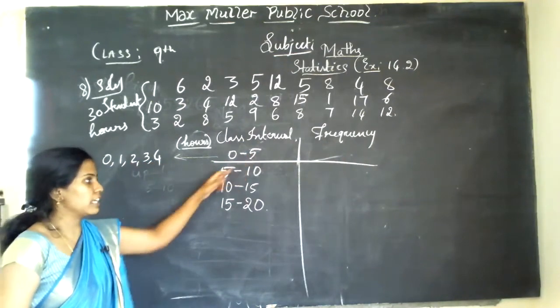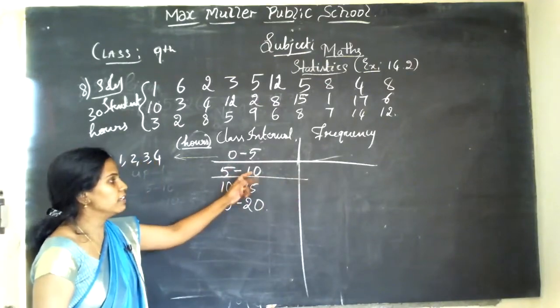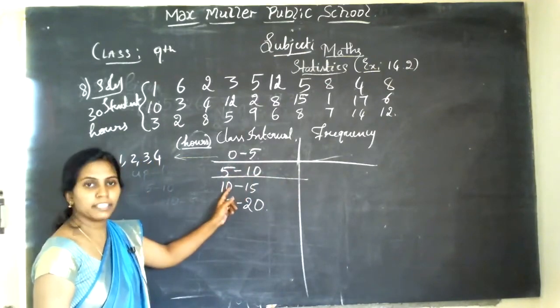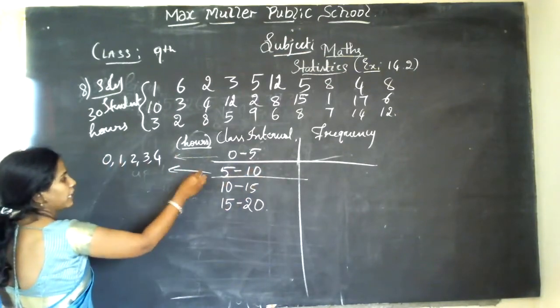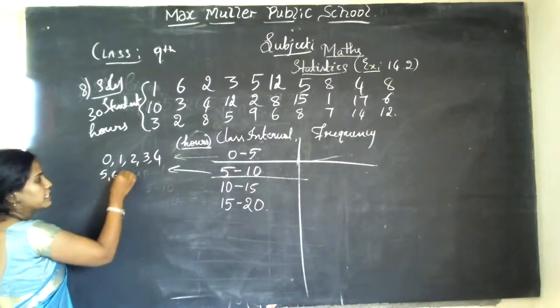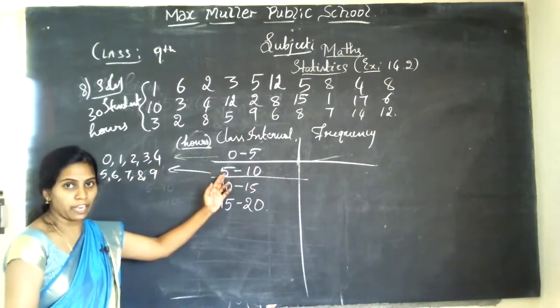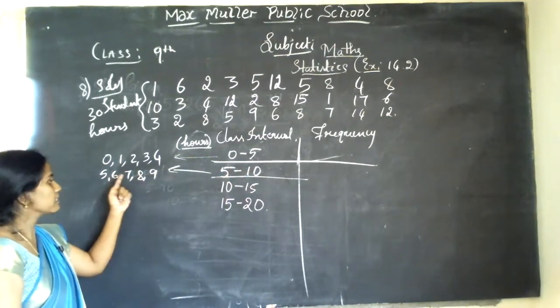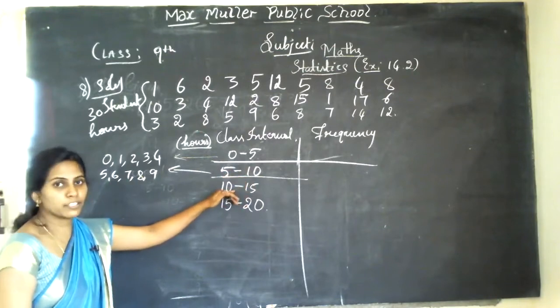Similarly, in the second row, 5 to 10, observe the 10, it is repeated, so leave this 10 and include 5, 6, 7, 8, 9. 10, don't include, it will come in the next row.